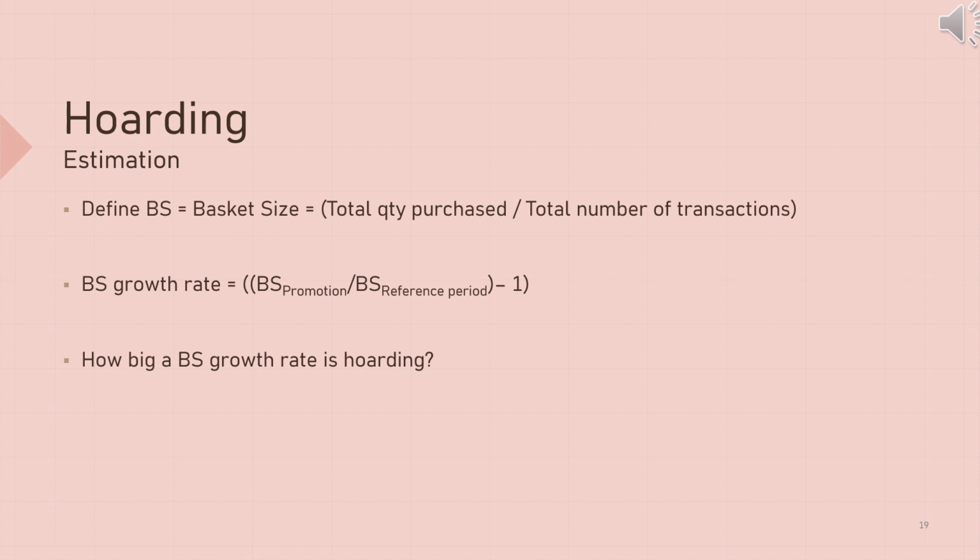If we can estimate this for the reference period, promotion period, and post-promotion period, then the BS growth rate is basket size during promotion divided by basket size in reference period, minus 1. That gives you the basket size growth rate of that particular item. We are not talking about the control group here, we are talking about the item under promotion.